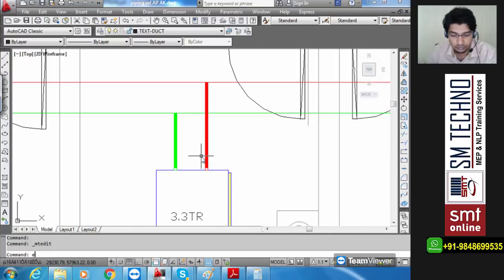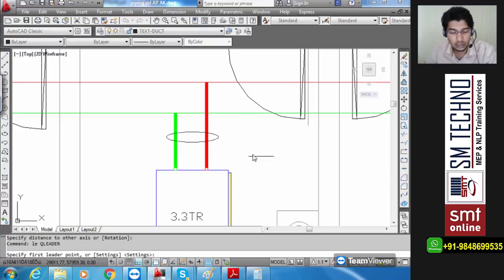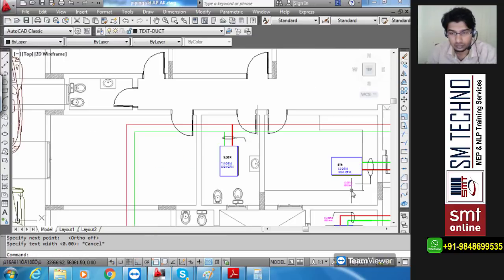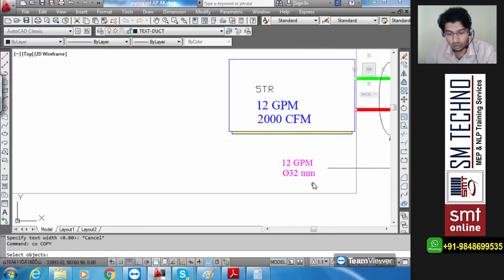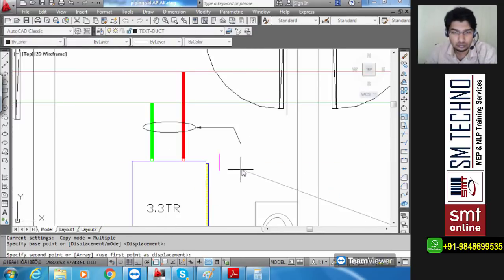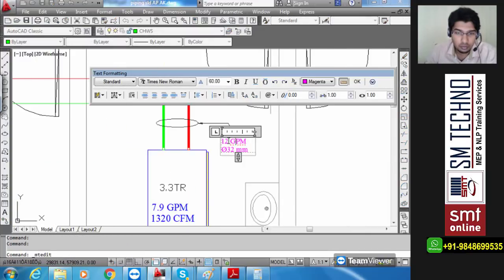This side 3.3 TR, LE enter, CO enter for copying the text. How much? This is 7.9 GPM, 32 mm, right?